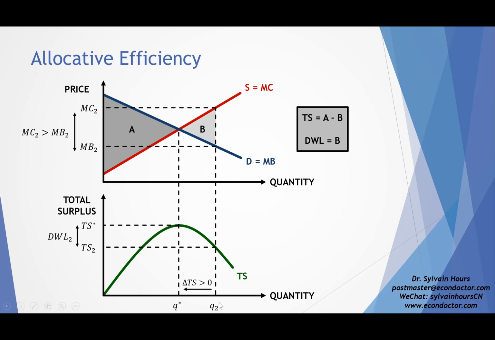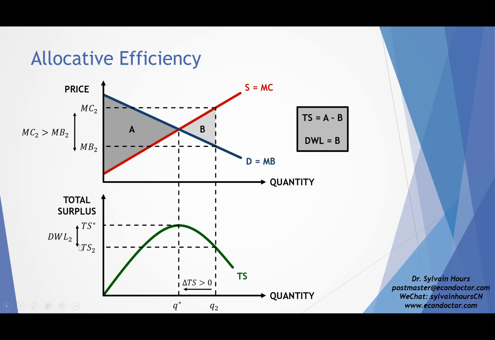So here I produce Q2, which is too much. So total surplus is A minus B. Okay. At Q2, the marginal cost is greater than the marginal benefit. So I should produce less, okay, an over provision. And because I produce too much, the total surplus that I have, TS2, is less than the maximum surplus that I could have generated, TS star.